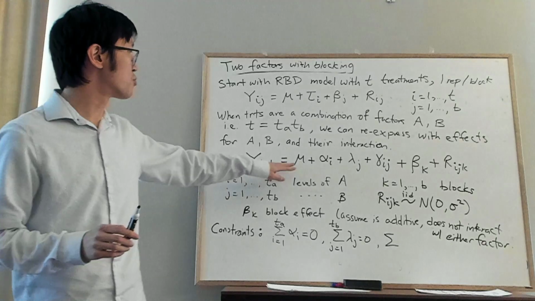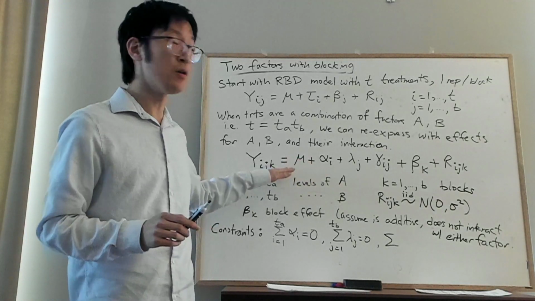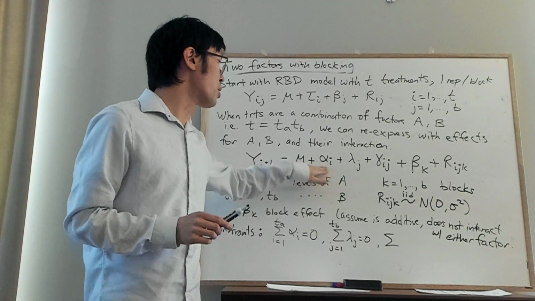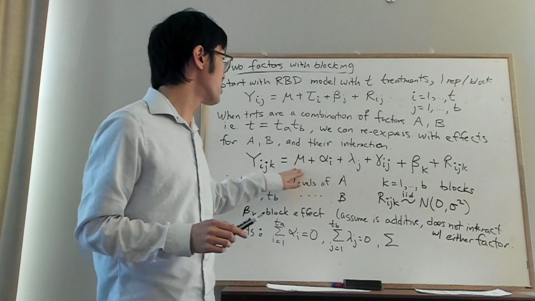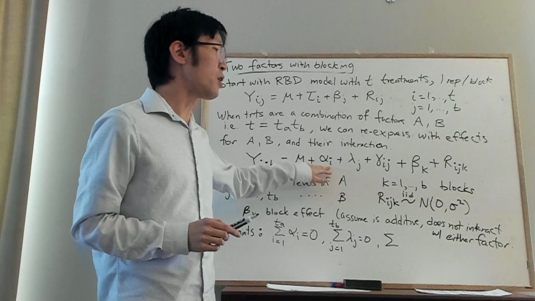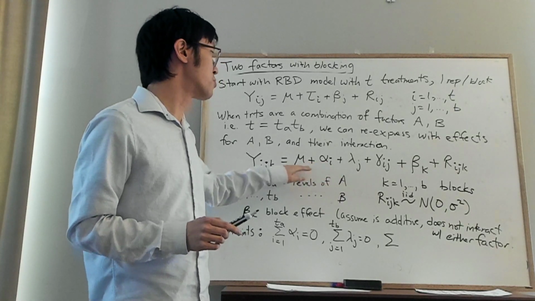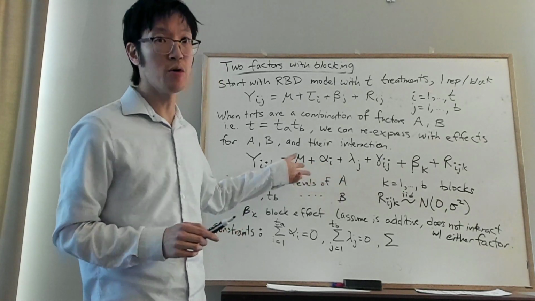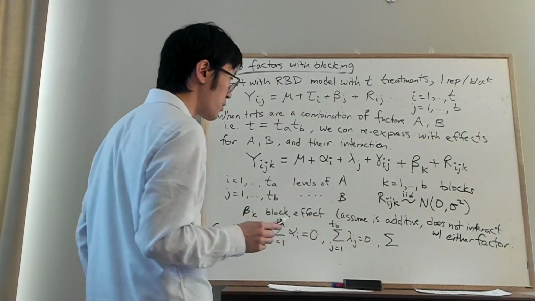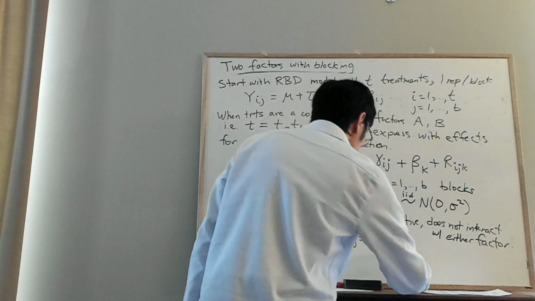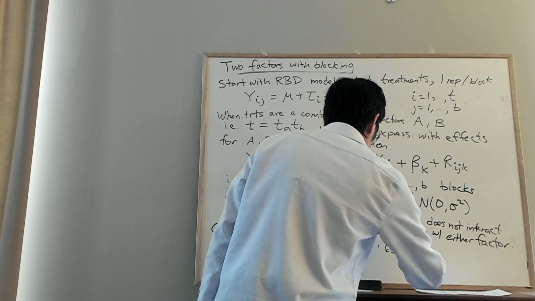That's what allows mu to represent the overall mean, and for each of these parameters to have their corresponding interpretation: alpha i is how much level i of factor A changes the average compared to mu. That's how we get all those usual interpretations. They are because of the parametric constraints. So block effects sum to 0.